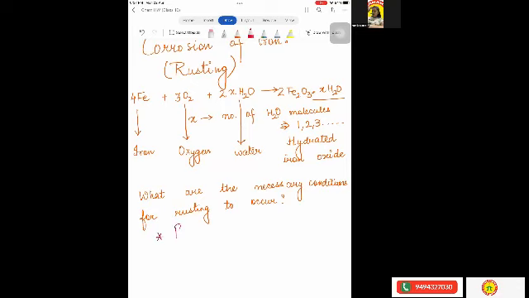Both of them should be there, otherwise the rusting will not take place. So presence of air and presence of water. Any doubts in rusting of iron? This together is considered as moisture. If the air is dry, then in that case also the rusting is not going to take place.